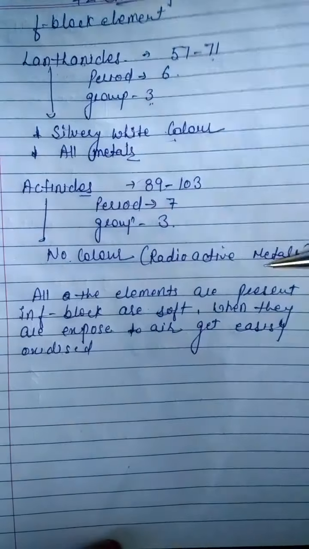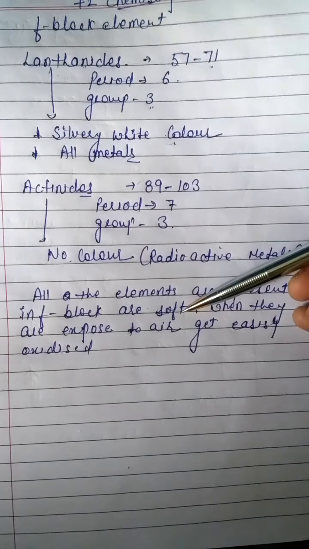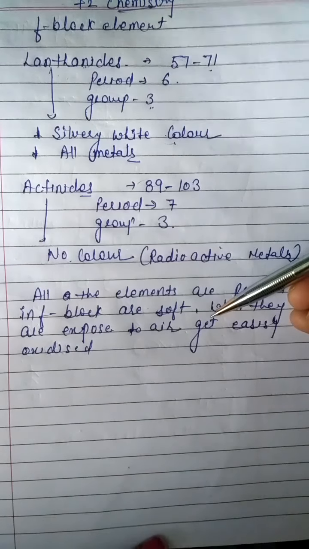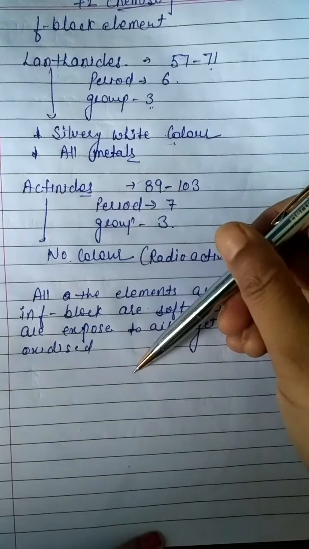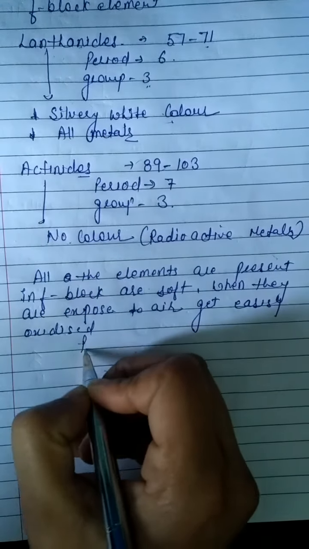All the elements present in the F block are of a soft nature, and when exposed to air, they react with the oxygen and get easily oxidized. Clear?